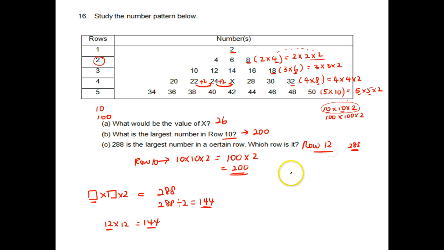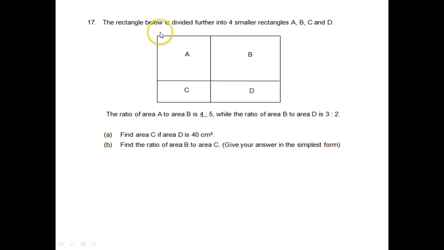Question 17. The rectangle below is divided into 4 smaller rectangles A, B, C, and D. Ratio of A to B is 4:5. So A is to B, 4:5. Ratio of B to D is 3:2.